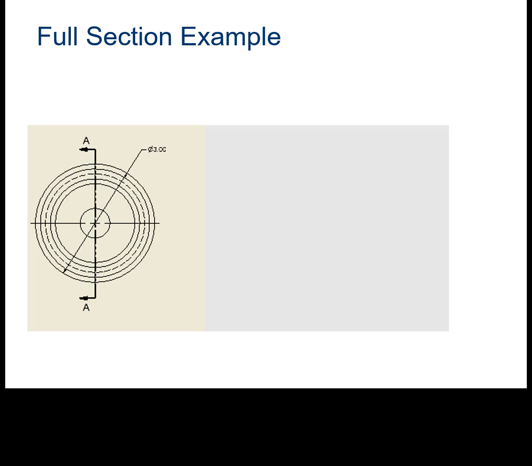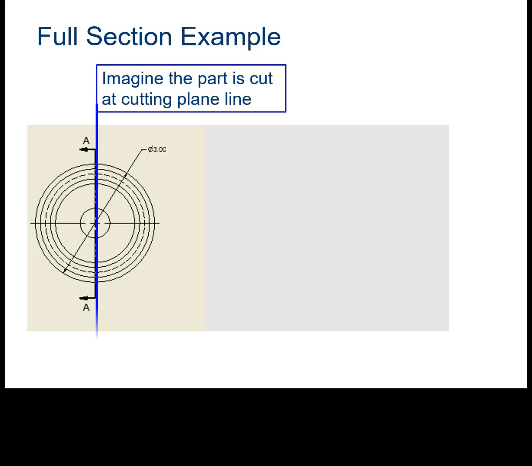Let me show you an example. So here's another example. We have our section cutting plane right here, labeled AA again, and this means that we're going to be seeing this half of this object. This right half is going to be removed. The left half is what we will still see once it is rotated.